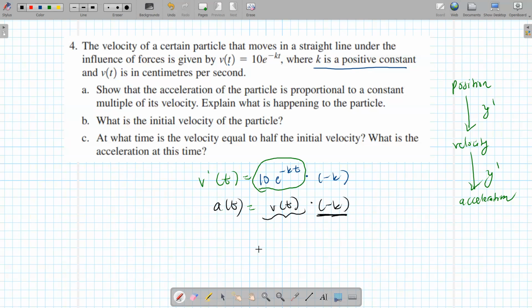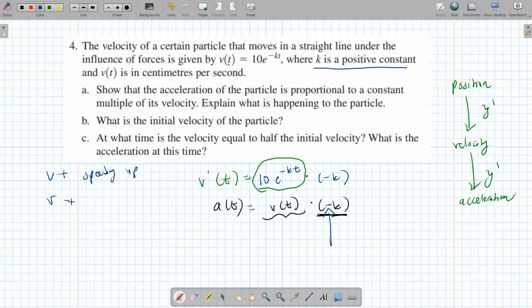Explain what is happening to the particle. That's a little bit more difficult question, I think. It all has to do with the negative sign right here. This is weird, okay? If velocity is positive, you're speeding up. If velocity is negative, this one is really tricky because you just expect it to be slowing down.